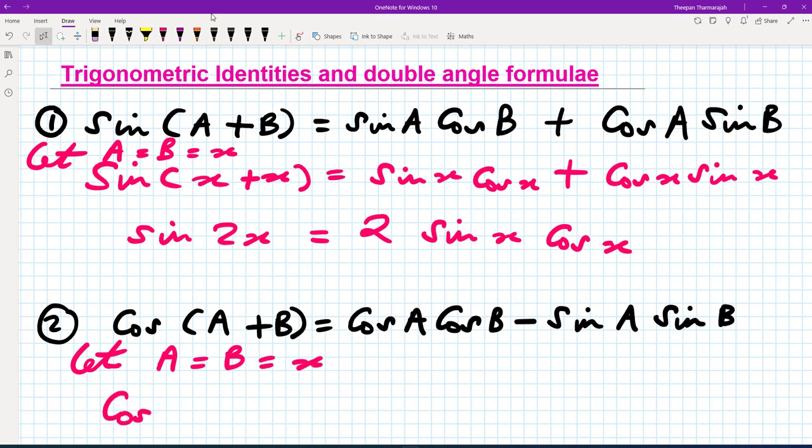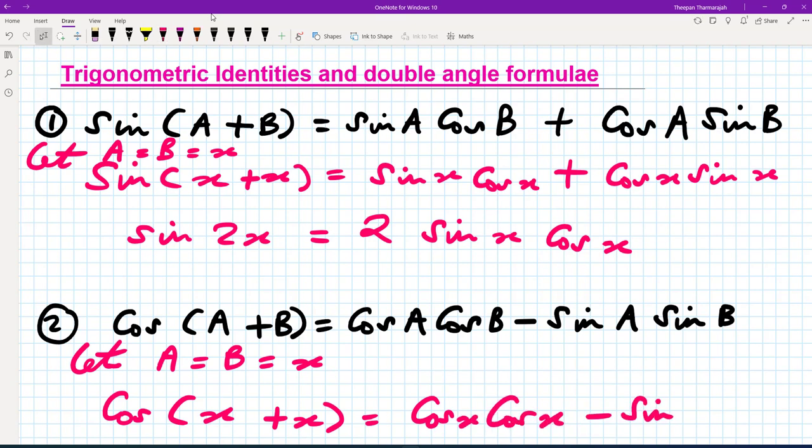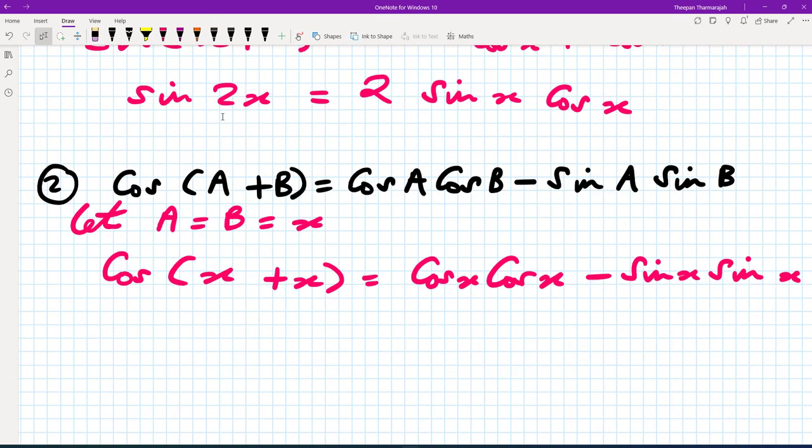So cos x plus x equals cos x cos x minus sine x sine x. So that now turns out to be cos 2x is cos squared x minus sine squared x.